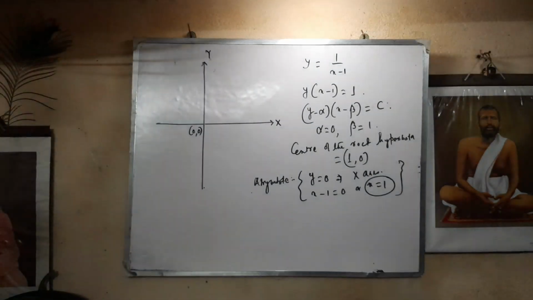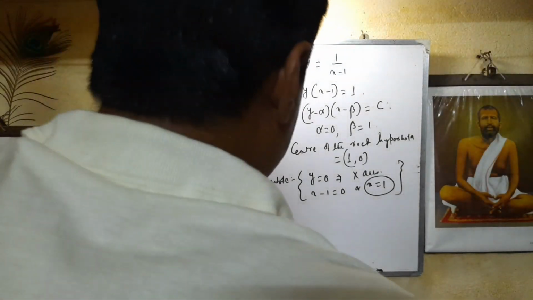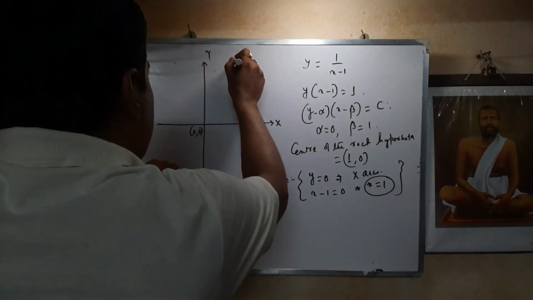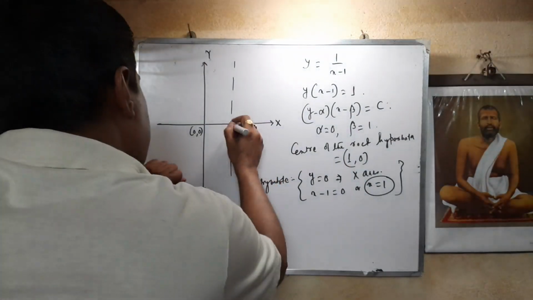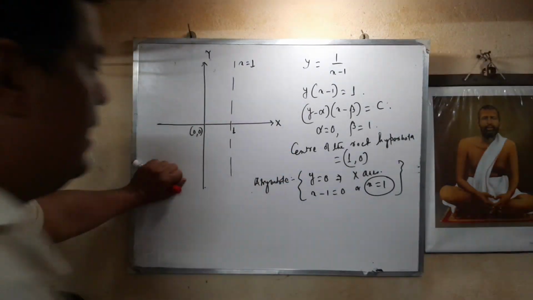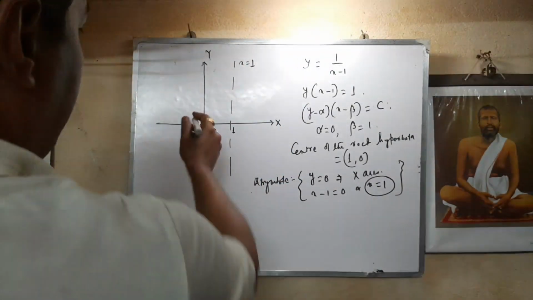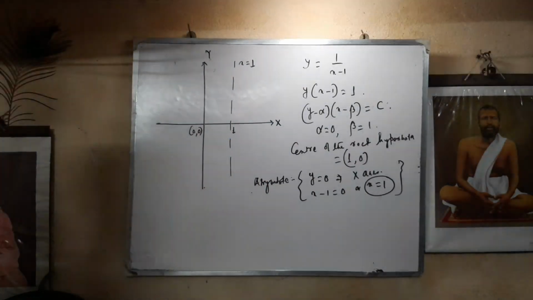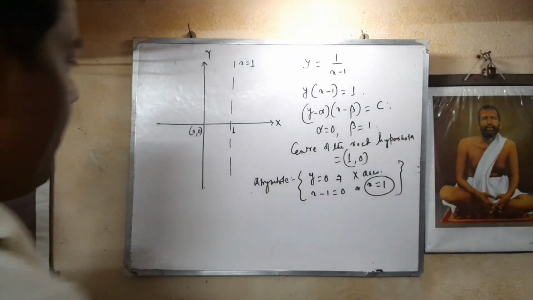It is our 0 comma 0. Now let us draw the straight line x equal to 1. So this is a straight line, it is say 1. So this line is x equals 1, and another is y equal to 0. This is the x axis. So how will the corresponding asymptotes look?